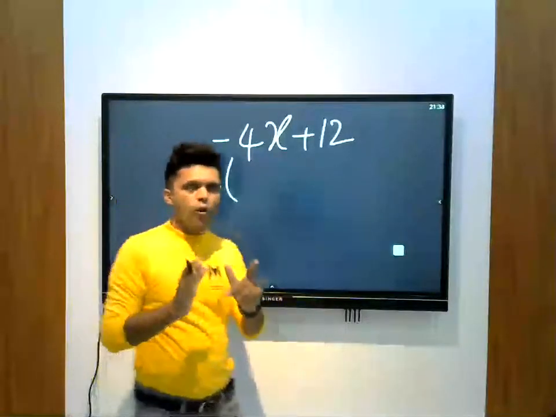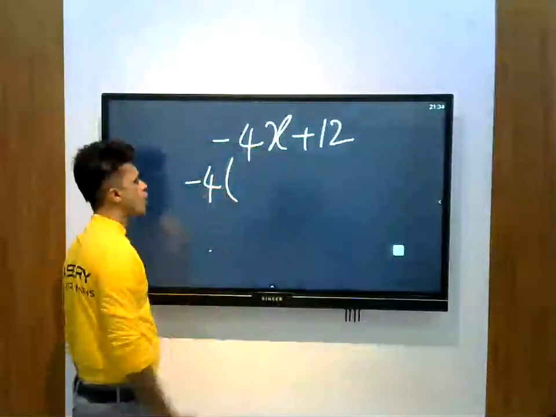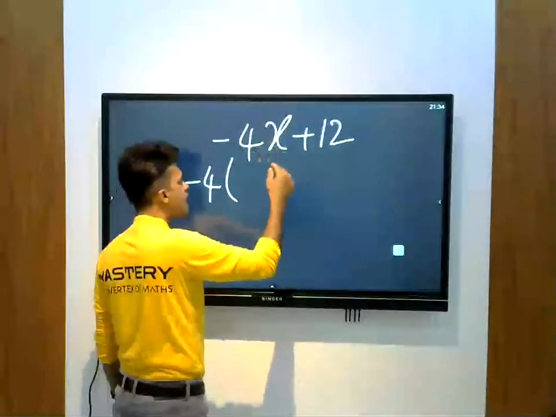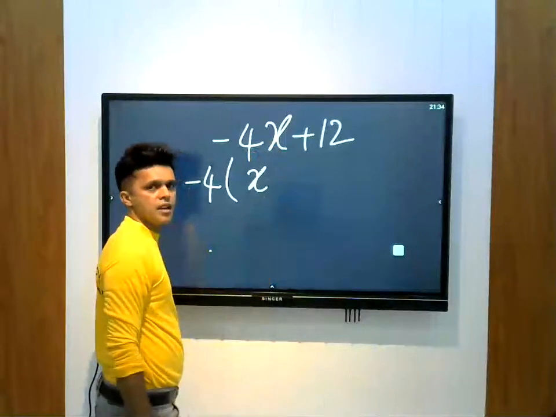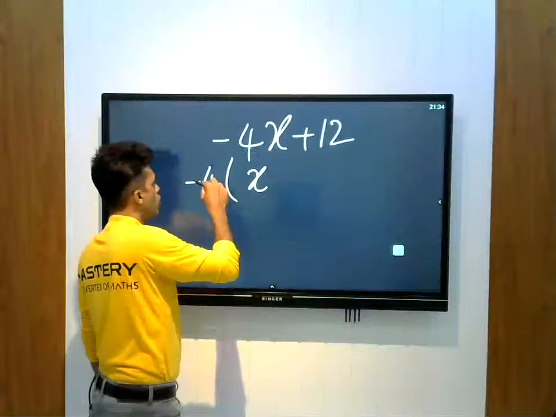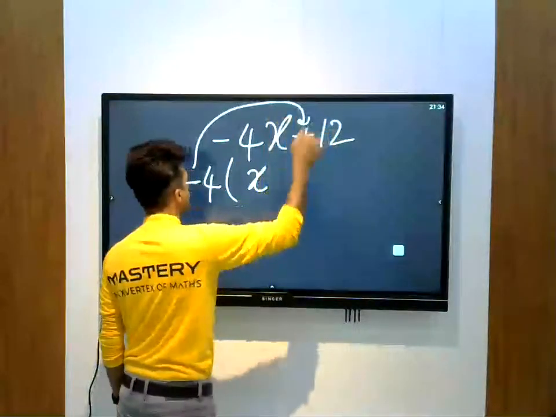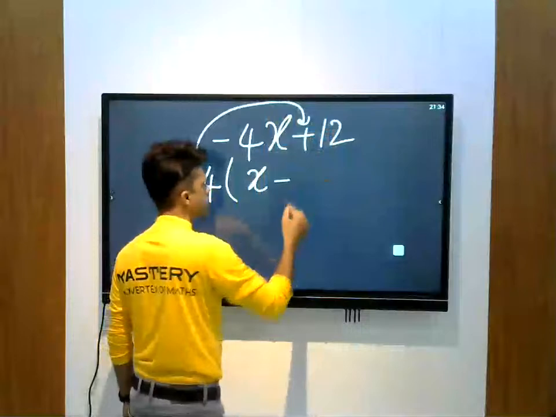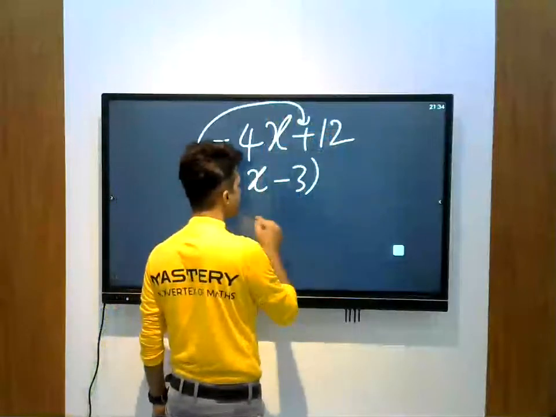From minus 4x, when you take minus 4 as the common factor, the remaining term is x. Minus into plus is minus. 12 over 4 is 3.